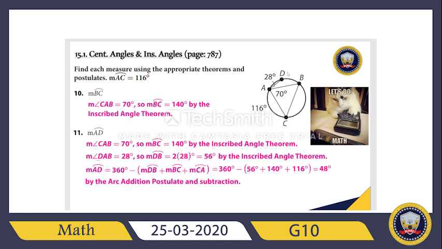Now, 360 minus the measure of DB plus the measure of BC plus the measure of CA gives me the measure of AD. DB we found 56, BC we calculated 140, and CA is given 116, so this subtraction operation gives me 48 degrees. So the measure of my arc AD is 48 degrees, and this is the arc addition and subtraction postulate.